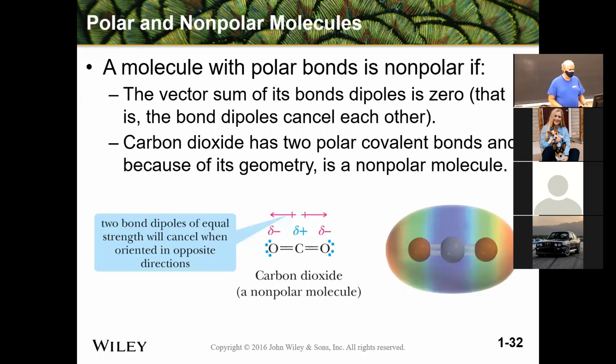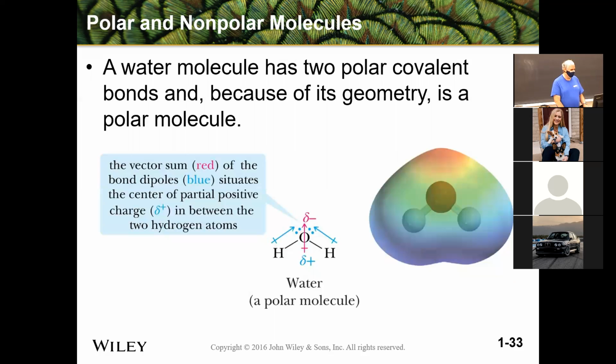A few minutes ago I talked about polar bonds. We can have polar bonds but have a nonpolar molecule if the dipoles cancel each other out, as they do in carbon dioxide. So that has polar bonds, but it's a nonpolar molecule.